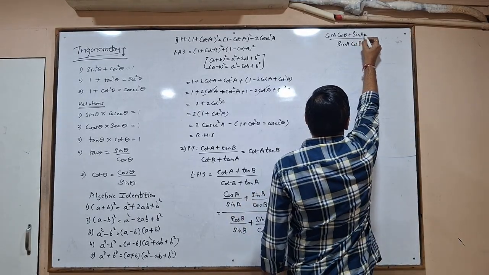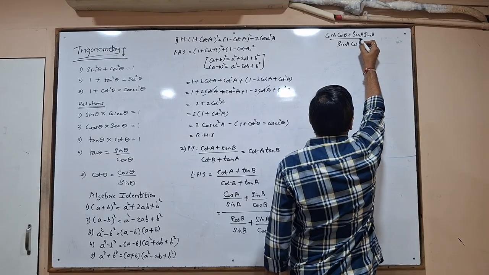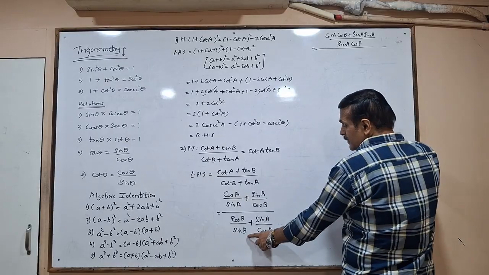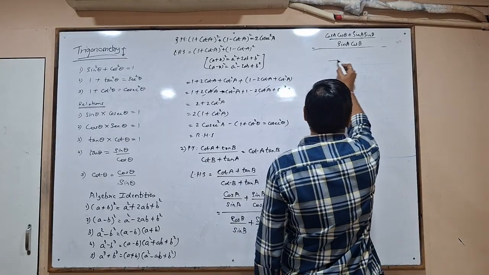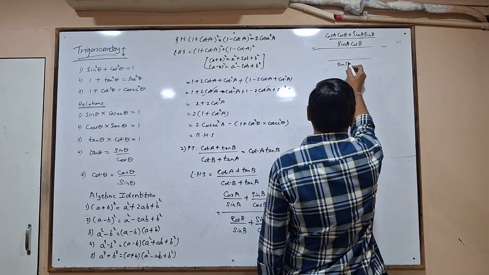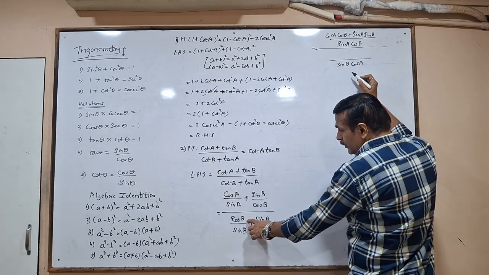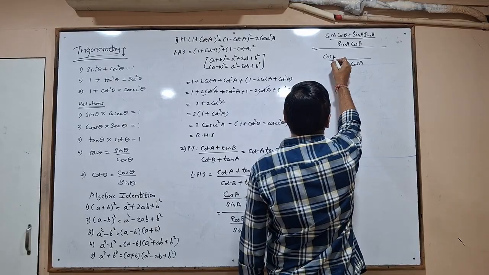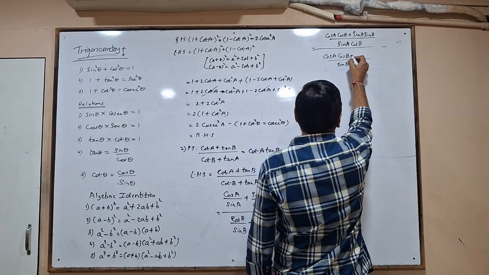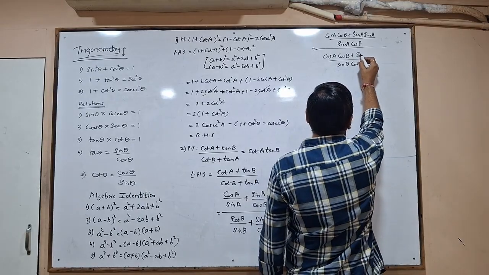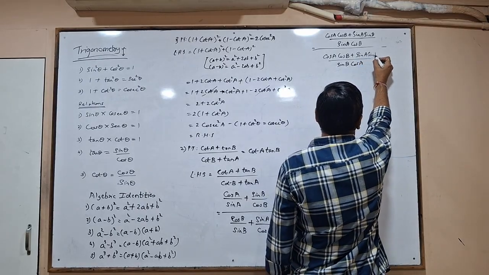So it is sin A sin B. The whole upon sin B cos A. So it is sin B cos A. So this cos will multiply to cos, so again cos A cos B, and this sin will multiply to sin, so again it will be sin A sin B.